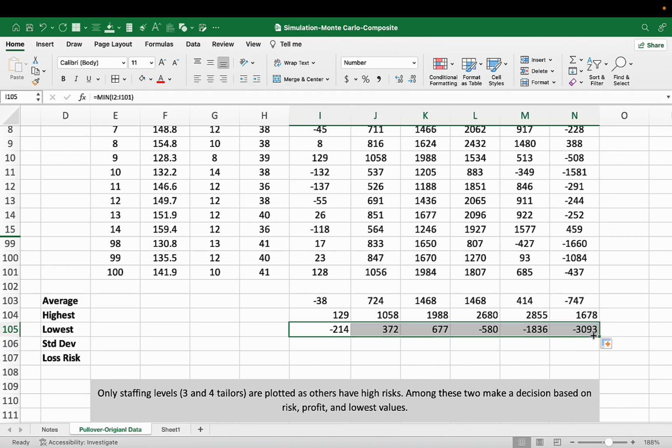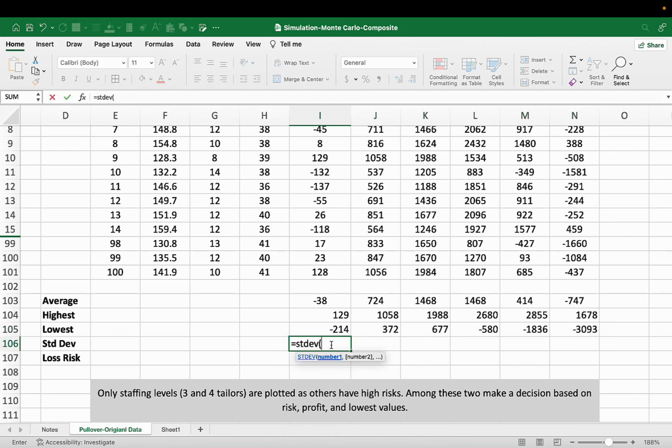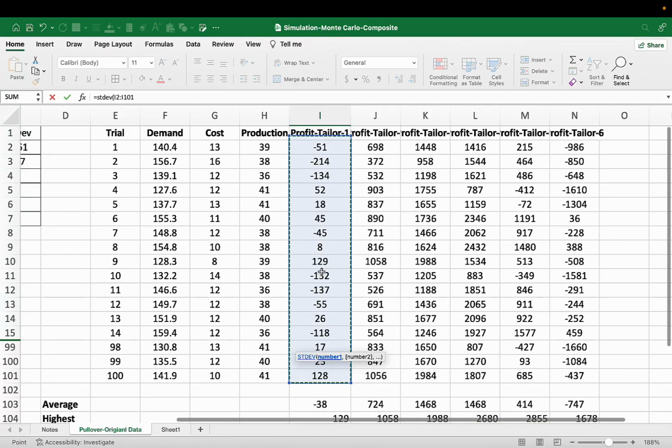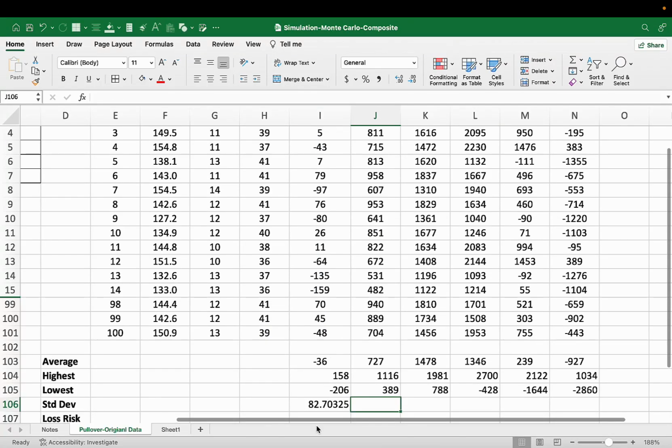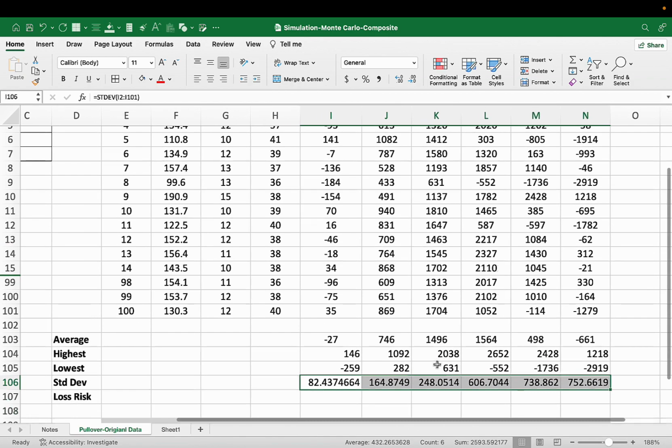And again I can drag it sideways, and then the standard deviation is STDEV, selecting the whole column and then pulling it sideways.